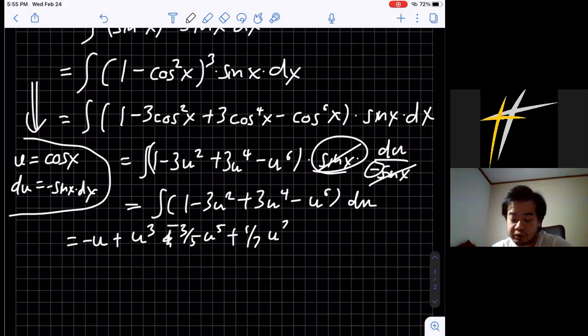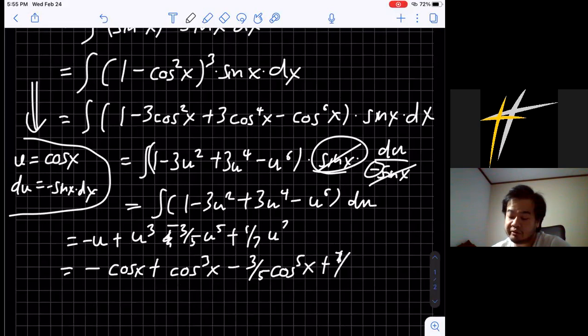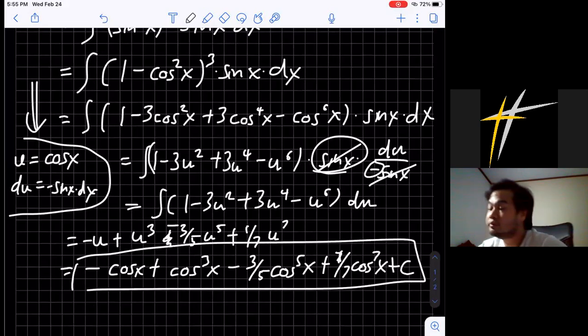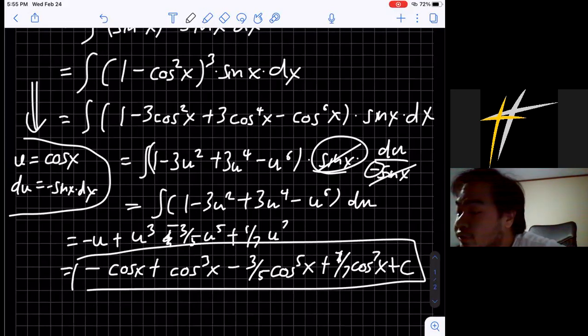So it is equal to negative cosine x plus cosine cube x minus 3 over 5 cosine power 5x plus 1 over 7 cosine power 7x plus c. So that's the first one.